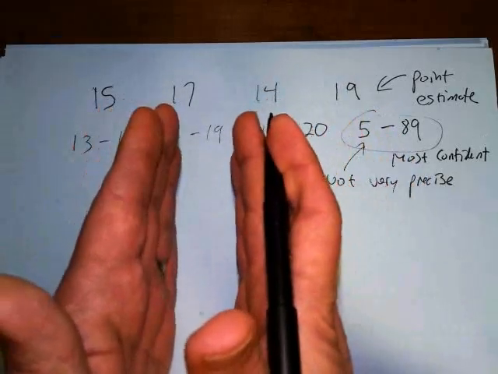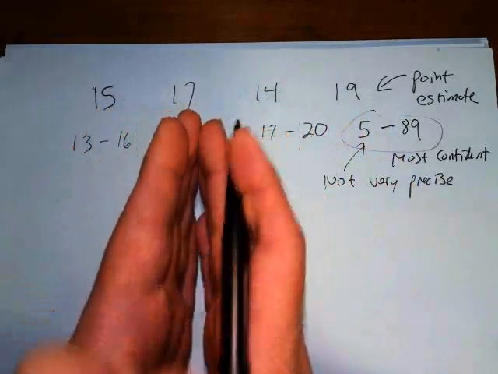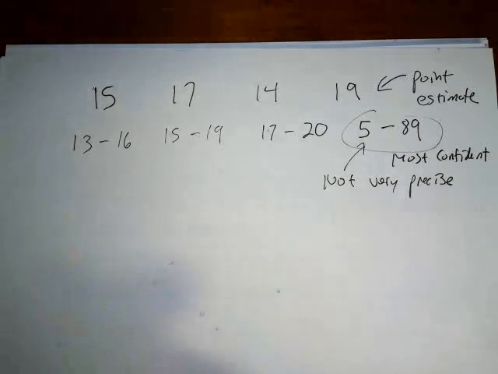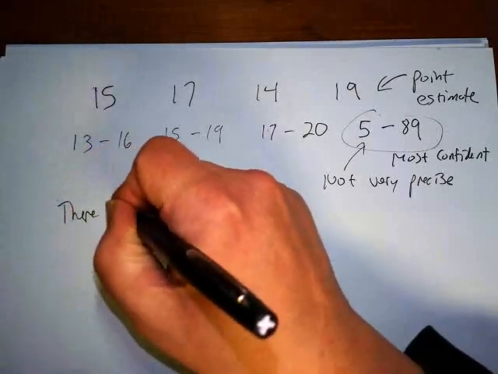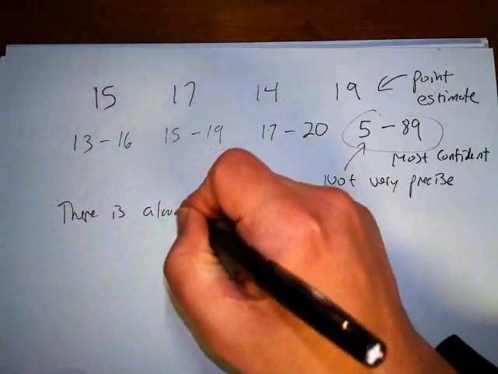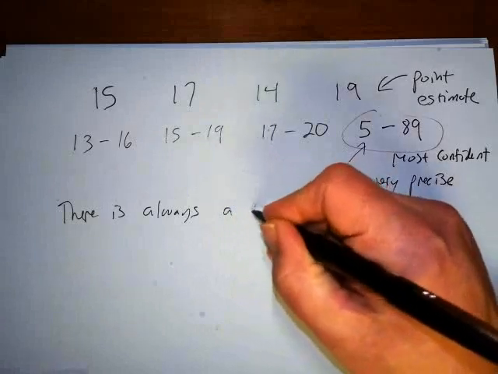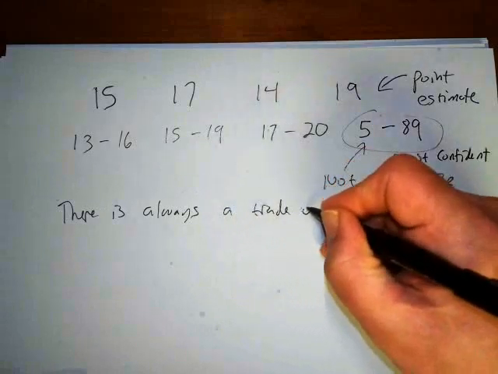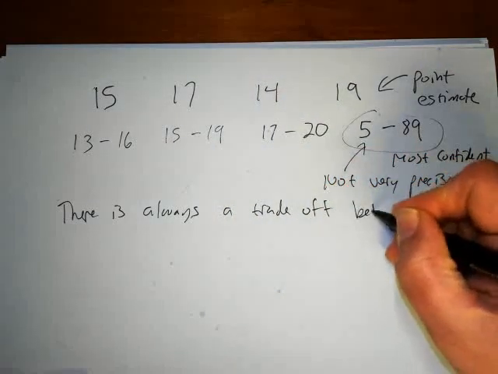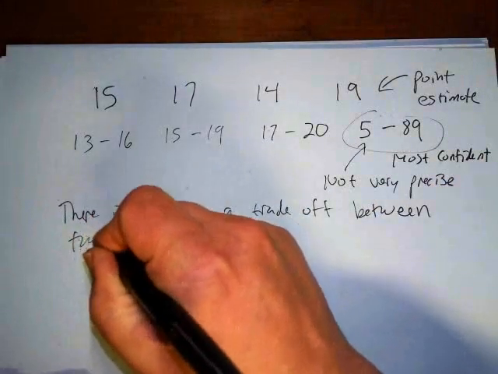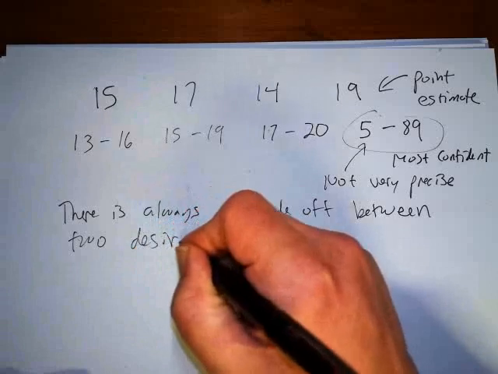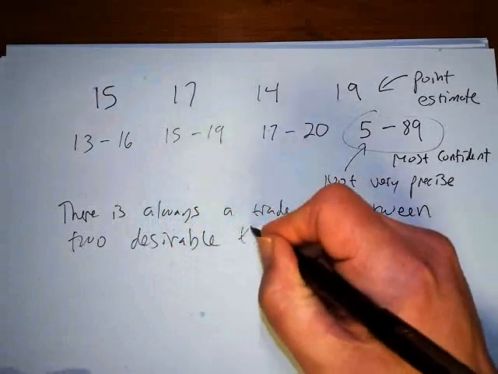But as I shrink it down, then I become less and less confident that the true value is in the interval. Okay, so there is always a trade-off between two desirable things.